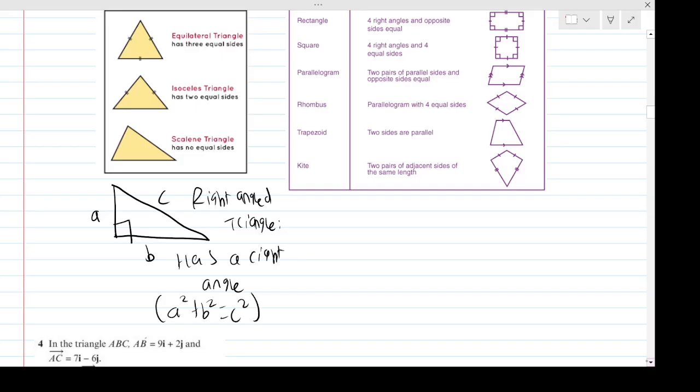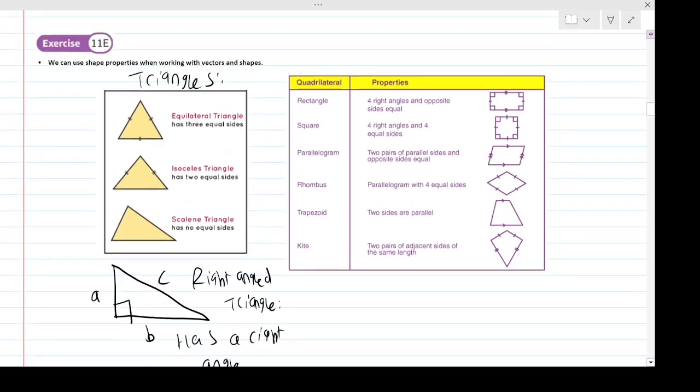You just verify that Pythagoras' theorem applies by squaring all the sides. So that's the triangles. That's fairly simple.